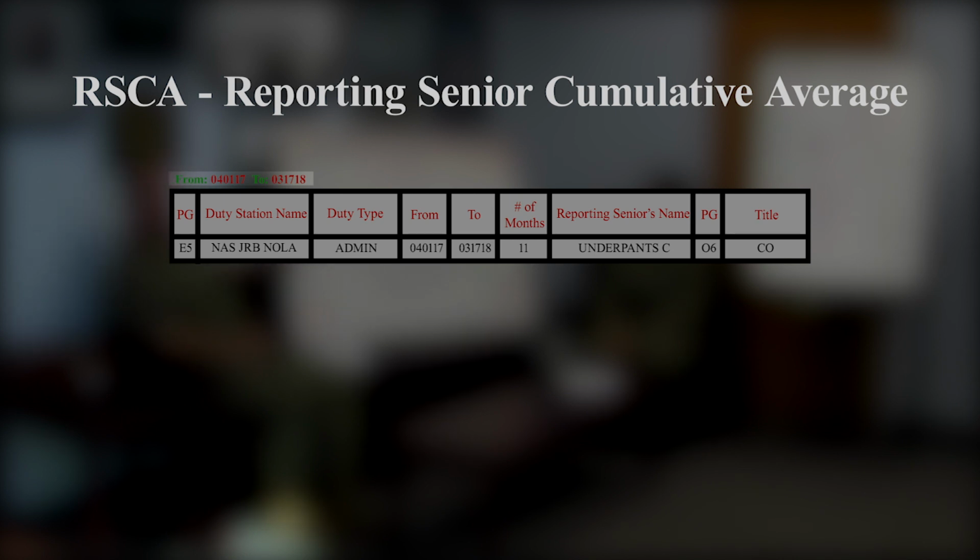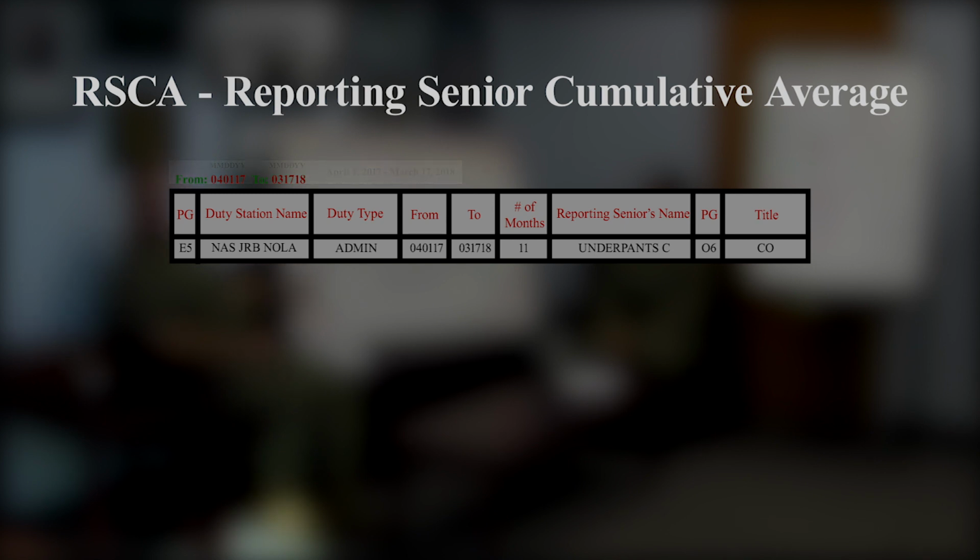All these dates are month, day, and year, so you'll see something like 04, 01, 17. This would be April 1st of 2017 to March 17th of 2018. So that's the period this record is covering.